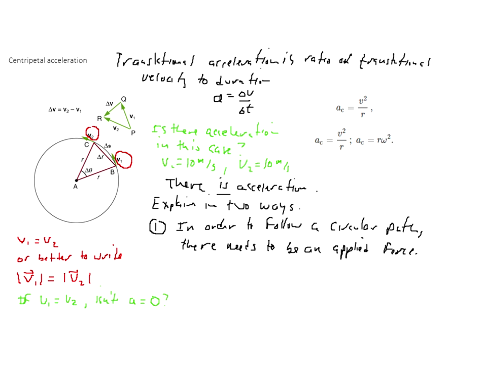In order for something to go around in a circle, there needs to be a force to pull it or push it in that circle. So the Earth, for example, goes around the Sun. That's going to come up later in this chapter, and that's the reason that this chapter ties together gravity and orbital motion with circular motion. There needs to be an applied force.